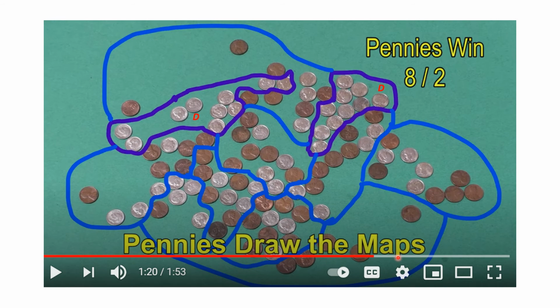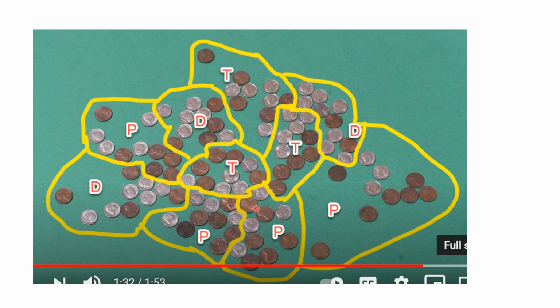And if the pennies draw the maps, the pennies win 8-2, and they get the dimes clustered here, and over here the dimes are also clustered, and the rest the pennies winning.